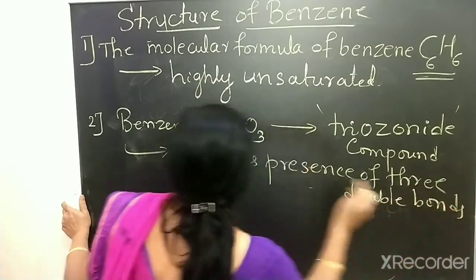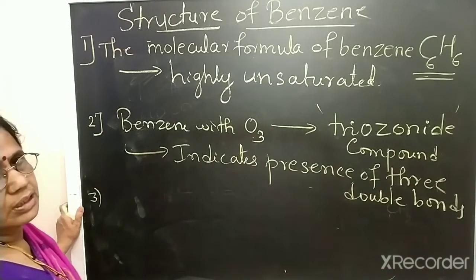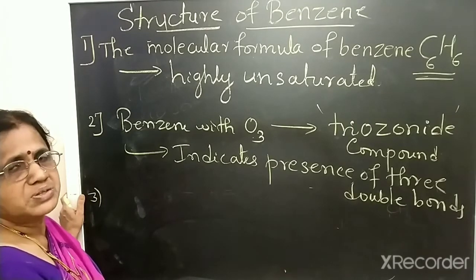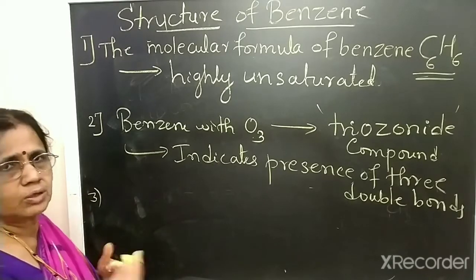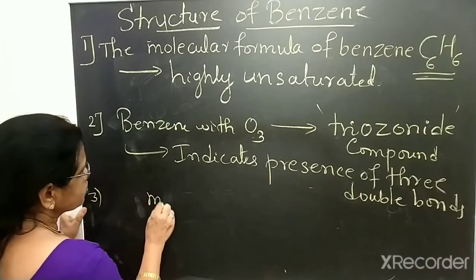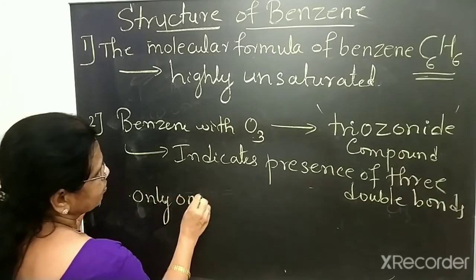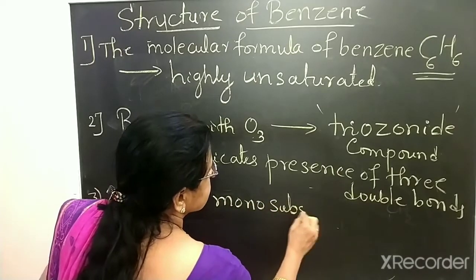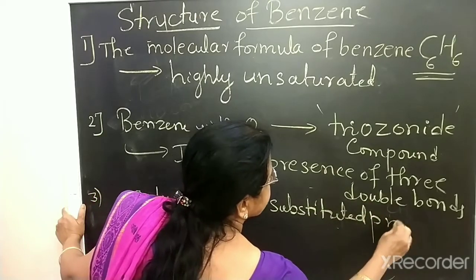This is the second point. Then the third point is about substituted benzene. Benzene on reacting with chlorine or bromine forms only one monosubstituted product.